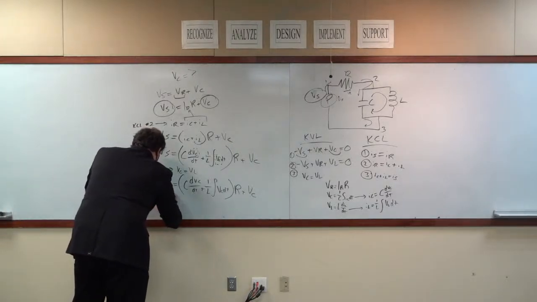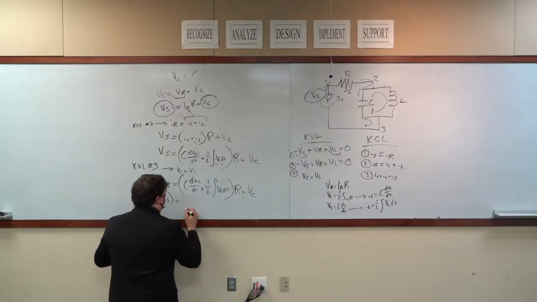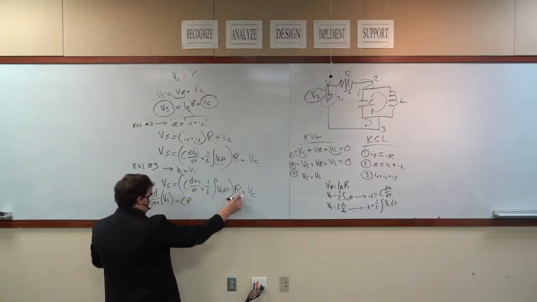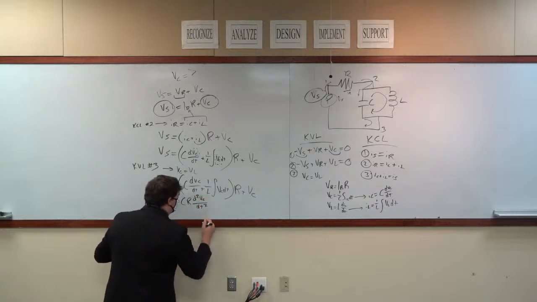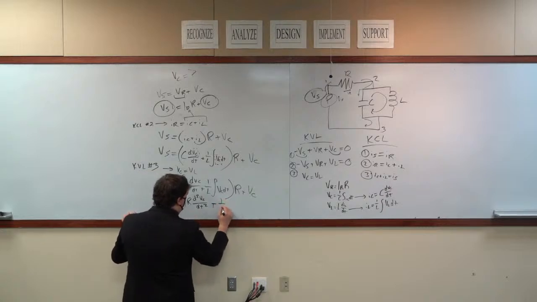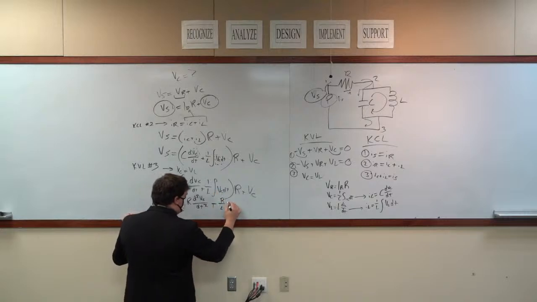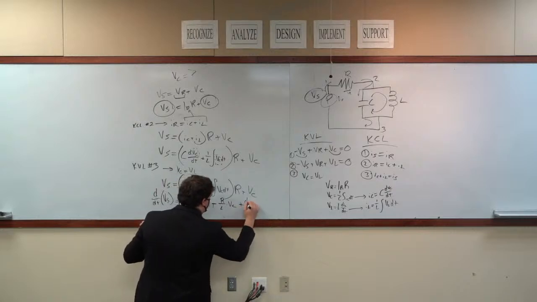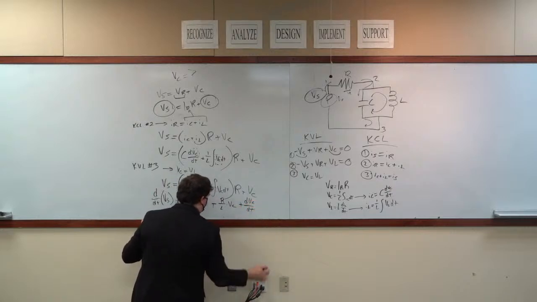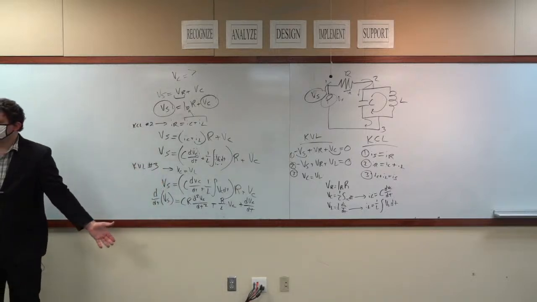The derivative of the voltage source is equal to CR, I'm going to bring the R in, multiply it here, times d squared VC dt squared plus 1 over L times R, going to bring the R in here too, times VC, because VC is the derivative, plus dVC dt. This is our differential equation now.